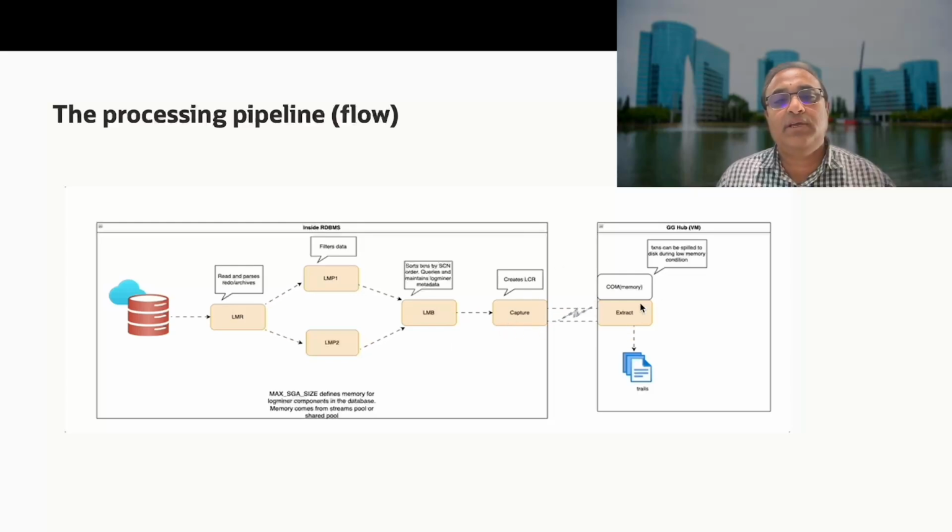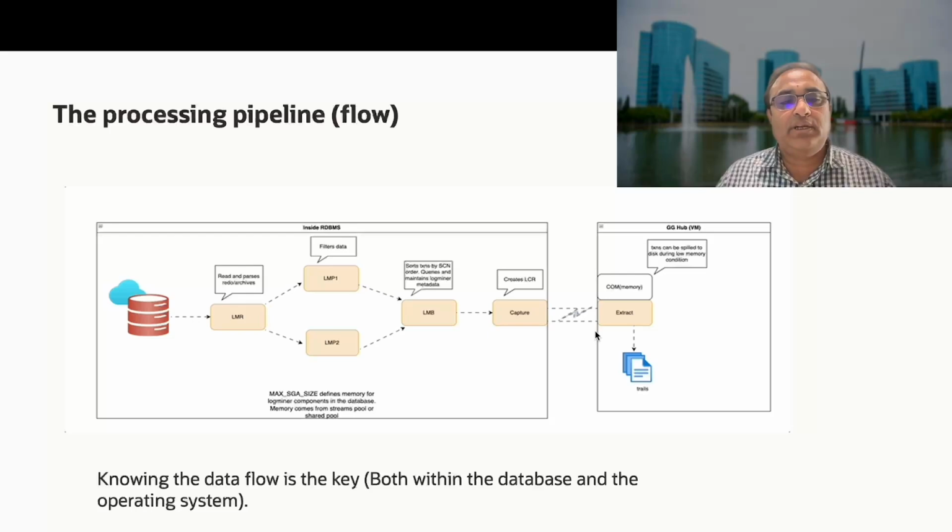And then in the extract hub, we have a multi-threaded extract process running. Knowing the data flow is key, both within the database and the operating system. Within the database, starting from LMR, we have LMR, LMP1 and 2, LMB and the capture, and in the operating system, we have the extract process.